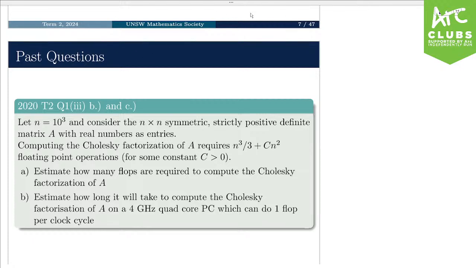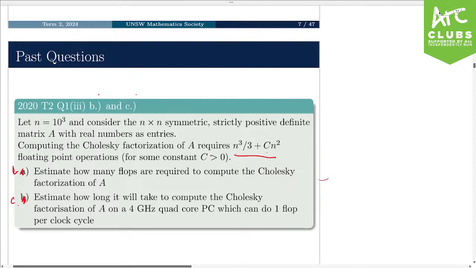Here we're only looking at parts B and C of this question. Part A is about memory, which is not relevant to the next 2 parts. So this is part B and this is part C. Part B wants us to estimate the number of flops required to compute this Cholesky factorization. The problem here is we don't know what C is.